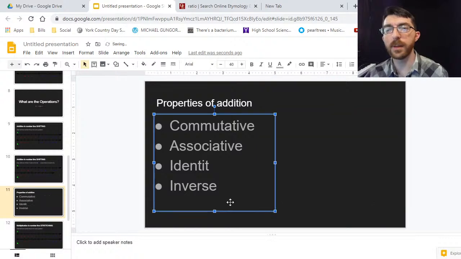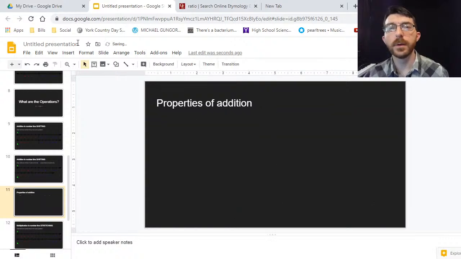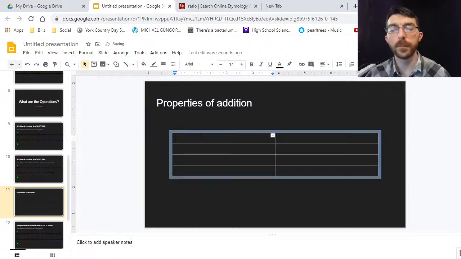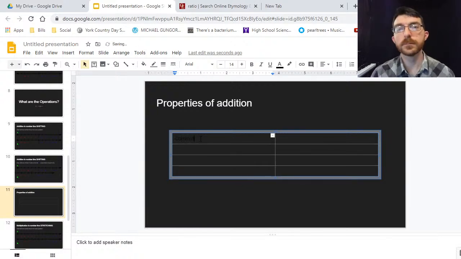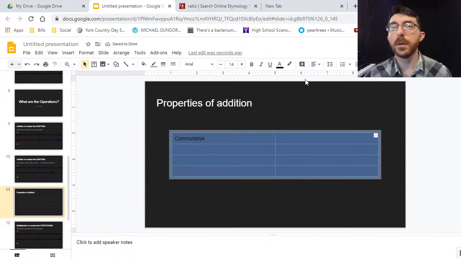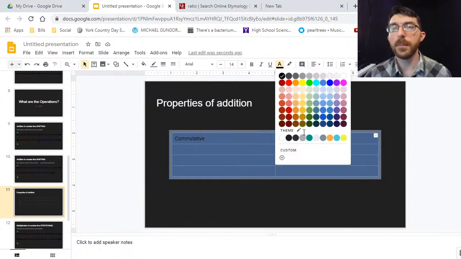I'm ditching this format. I'm going to make a table. Insert table. So it was four of them. Commutative. Oh, great. Now I can't read it. Let's make this lighter.